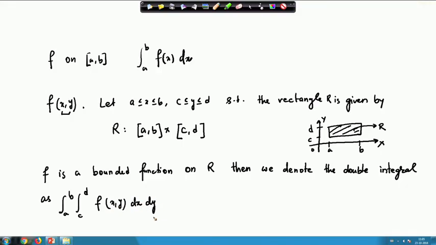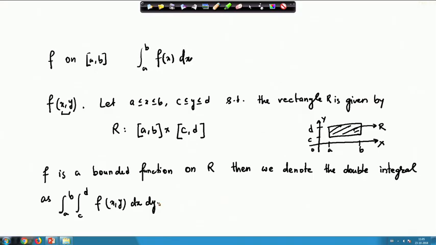Now, what do we mean by this integral? I am going to write it down in the next couple of minutes, but here we have a range of integration a to b, which is for the variable x, and a range of integration from c to d, which is for the variable y. So do not mix it up. When we write a to b, that is for x, and when we write c to d, that is for the variable y.